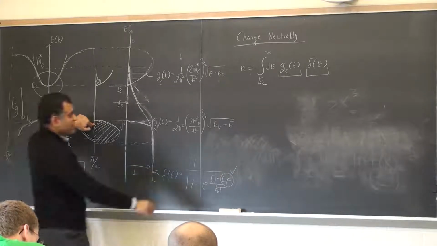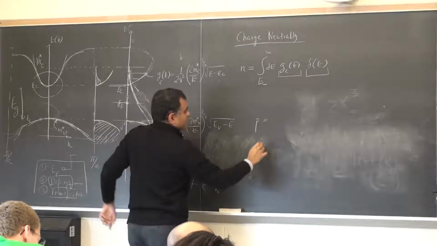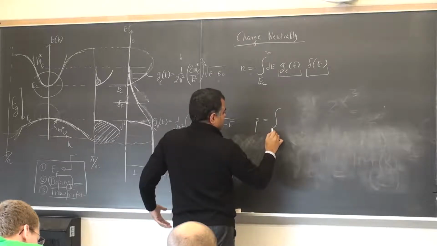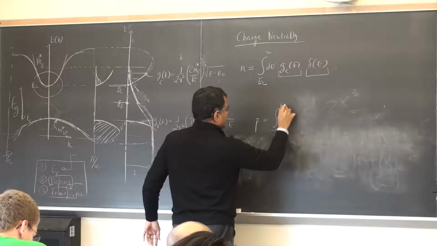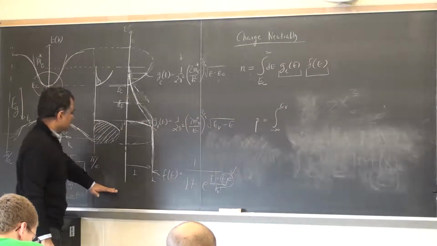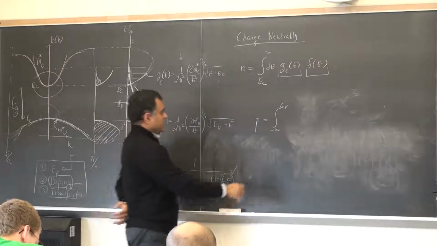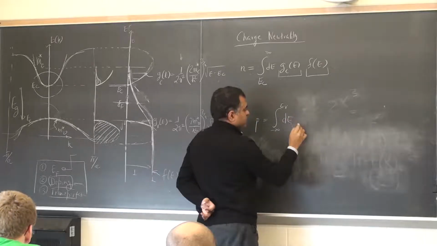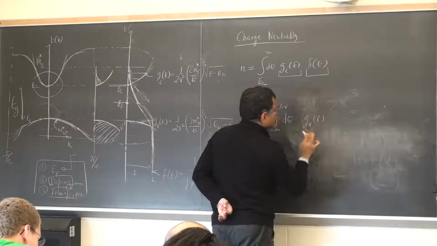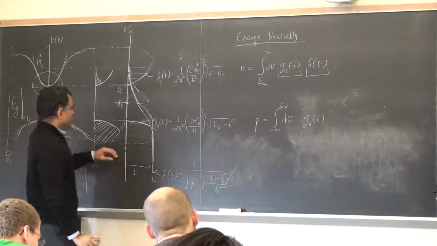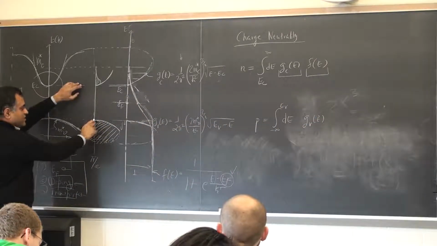And therefore, P, I'll write it notationally, the meaning should be very clear. I can start from very large negative energies and stop here. EV, dE, density of states of the valence band. Now, what should I write here? 1 minus, right?